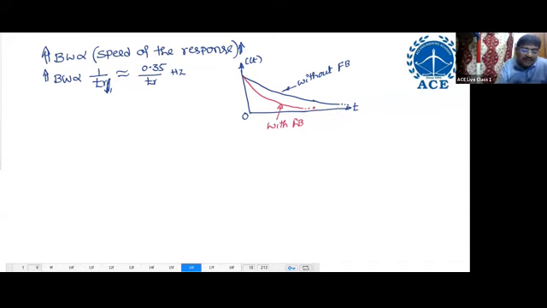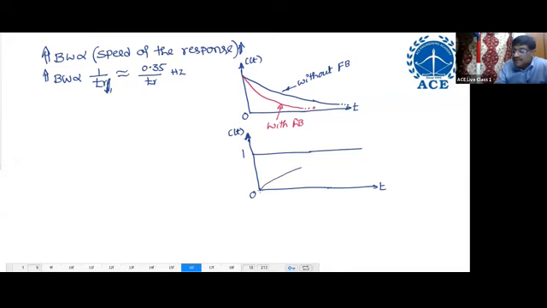Not only decay, even rising also. For example, without feedback, if I consider the unit step response, the system response is very, very slow.